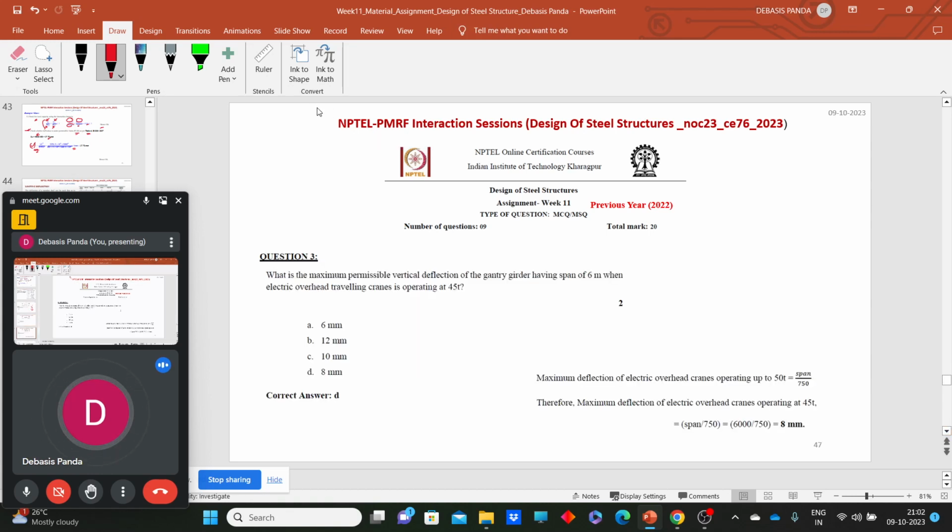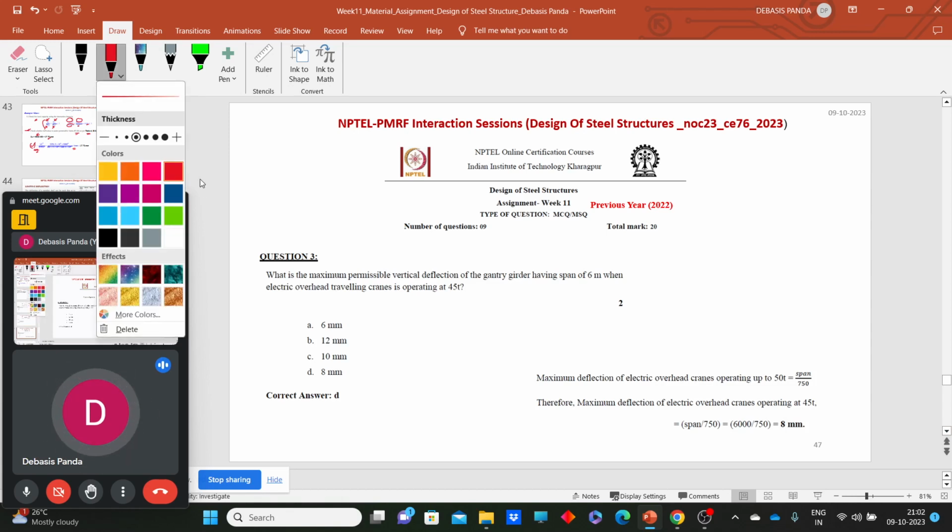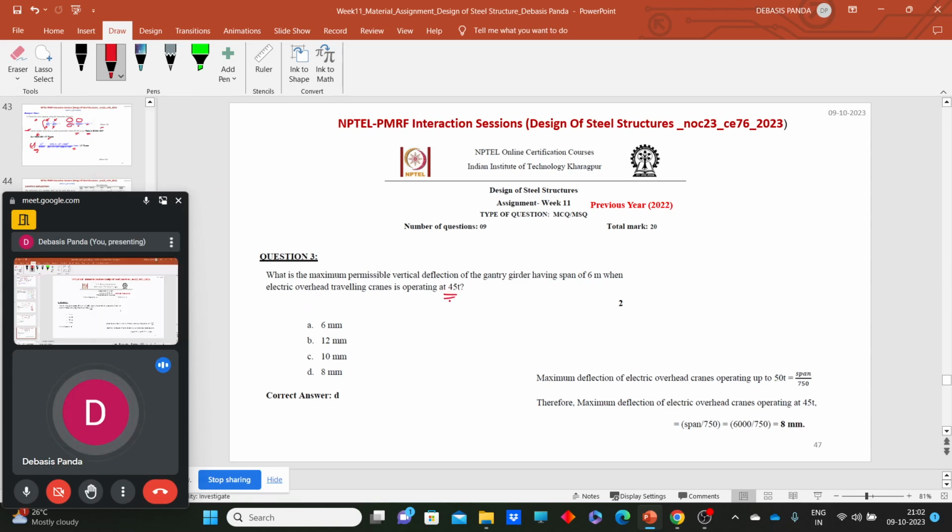Now, what is the maximum permissible vertical deflection limit of the gantry girder having span 6 meter when the electric overhead traveling crane is operated at 40 T or 45 T? Okay, so for this calculation, first we need to calculate the maximum deflection of electric overhead cranes.